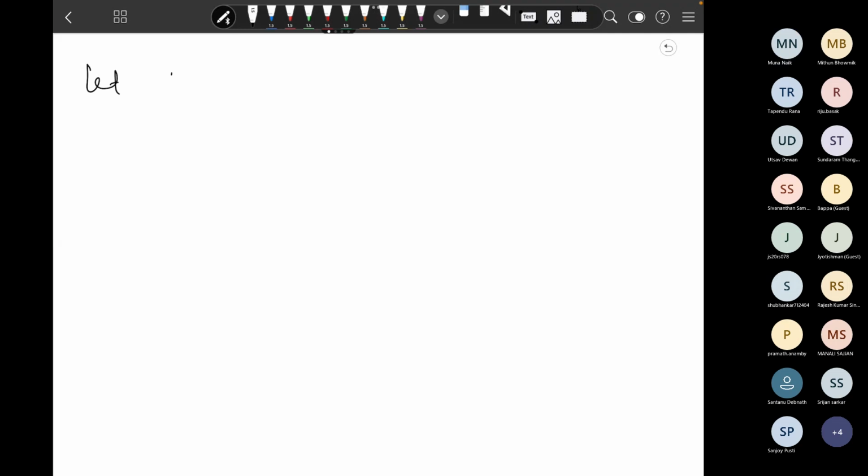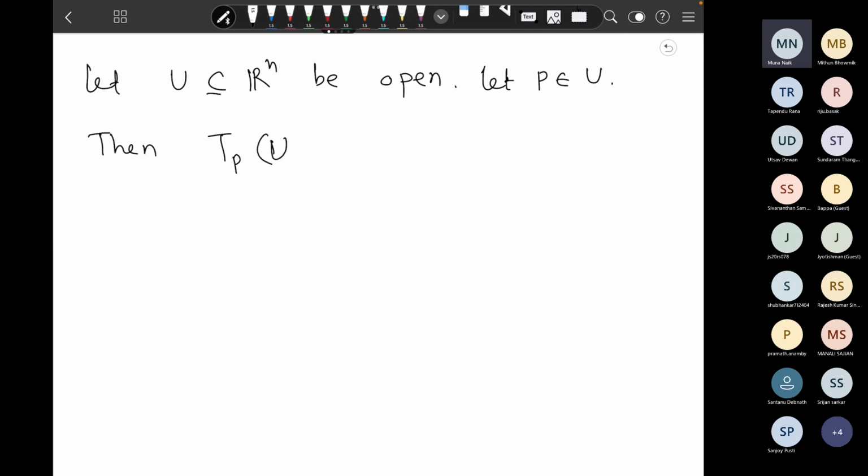Let U, a subset of R^n, be open. All of you know that any open set is a smooth manifold, and let p belong to U. Then T_pU is equal to R^n. You can check that by your simple definition of the tangent space.